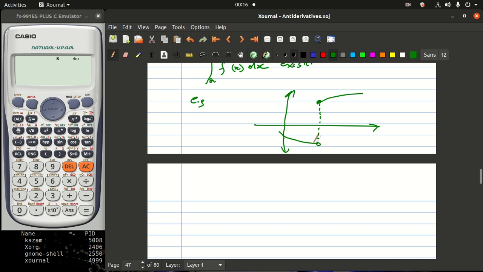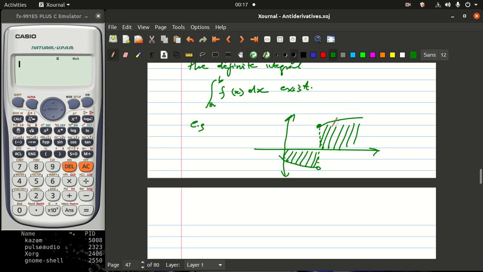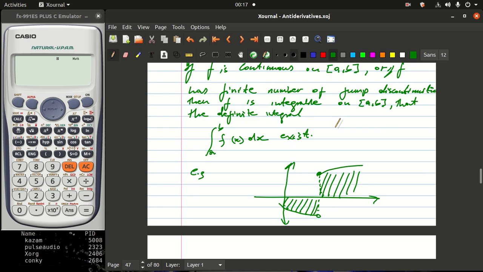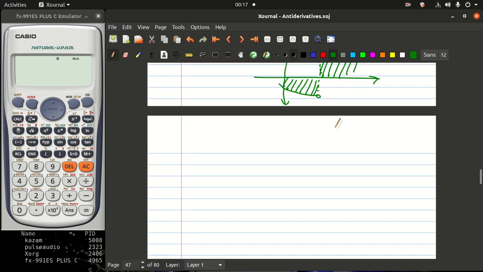So when you have this jump discontinuity, because the definite integral is just the area between the curve and the x-axis, we can say that in this particular case the definite integral exists, or we can find the net area under the curve, as long as we can count the number of jump discontinuities, or f is just a smooth and continuous function on a given interval.